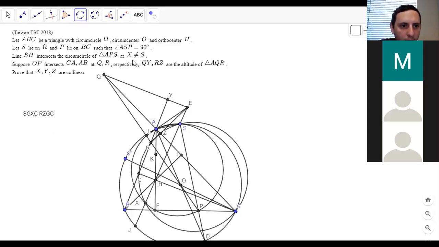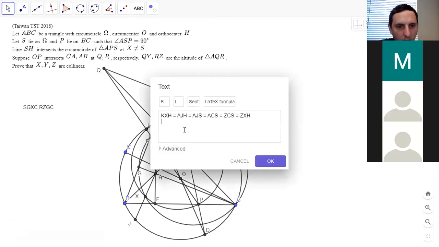So, see if this works. So I'm going to fill in the stuff before, after.